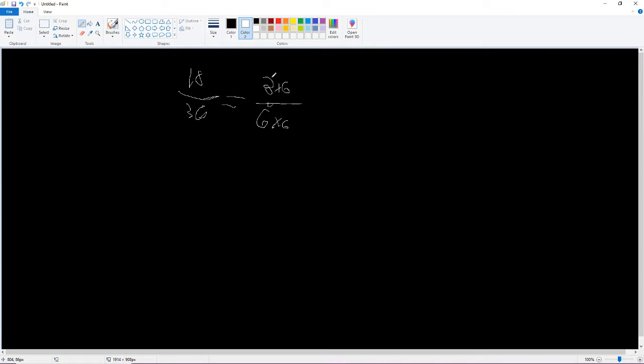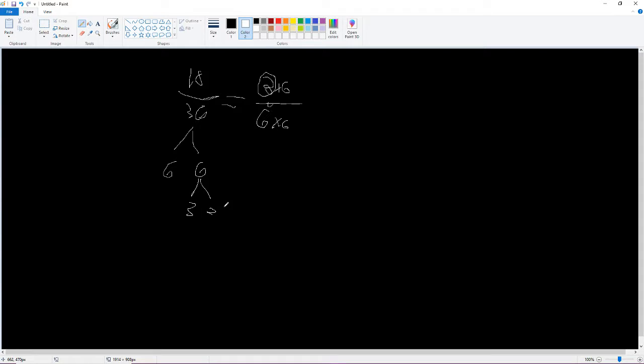But with 3, that is circled. So here, let me do it so it's not confusing. That would be 6 there. And you would do this because 3 times 2 is 6. So you'd have 3, 2.